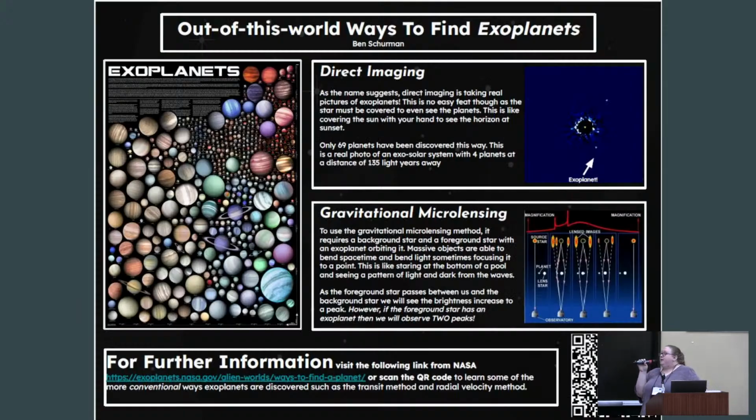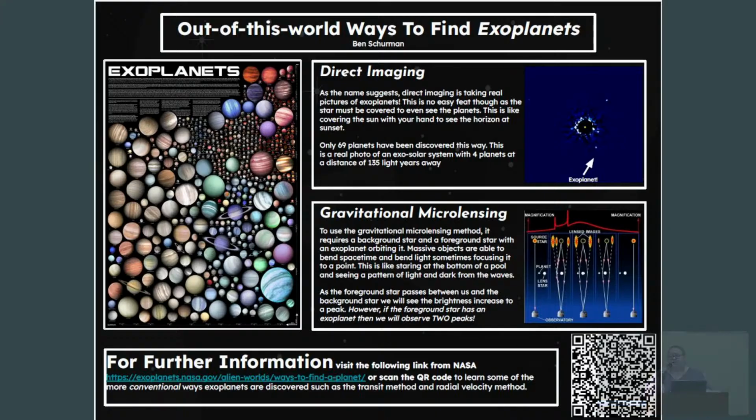And then the second one I wanted to show, the topic was exoplanets. So the planetarium show went over the two main methods that we use to find exoplanets, so radial velocity and transit, as well as visiting a couple of interesting exoplanets. Their poster, which is what you're seeing here, talked about other methods for finding exoplanets.